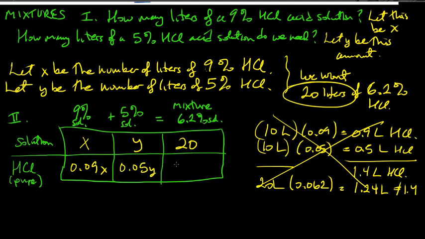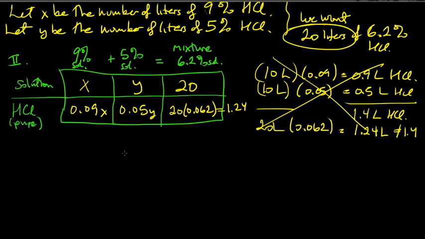When we add these together, we're looking for the 20 liters, but only 0.062 of that is pure hydrochloric acid. I think we did that calculation already. This is 1.24. Okay. So the top row is just the equation x plus y equals 20.